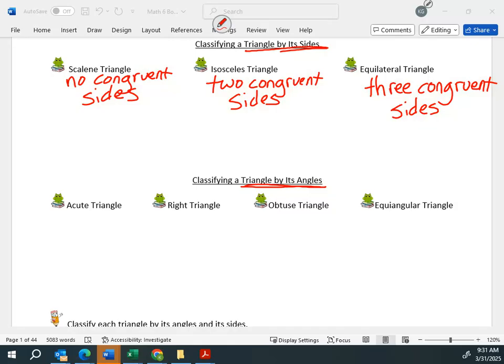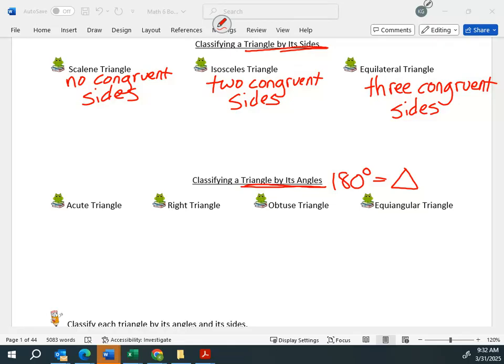So if you label your triangle and you use degree measurements that do not all 3 equal 180 degrees, it will be wrong. So we have to remember that a triangle equals 180 degrees. I would even put that. 180 degrees equals the triangle.